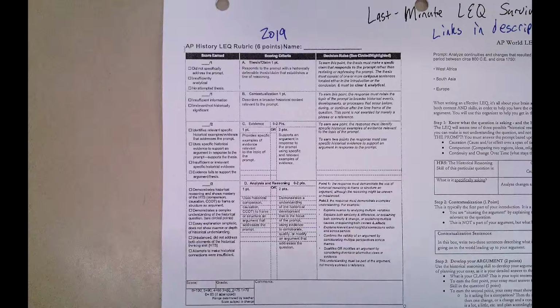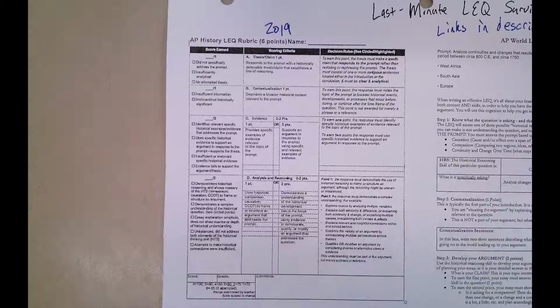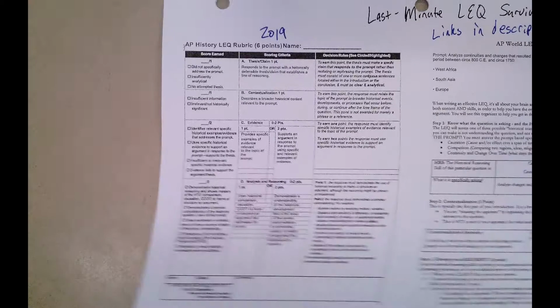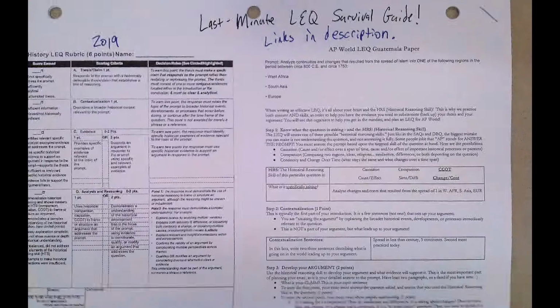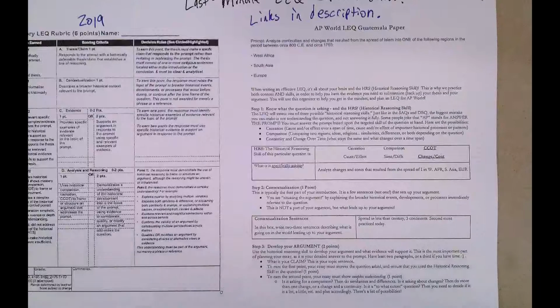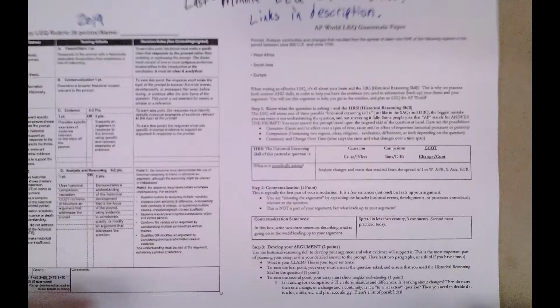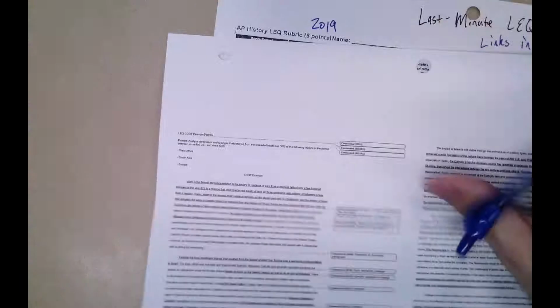I have a link to a clearer version of that. Then the Guatemala paper, which is basically a template for how you make sure you write a paper and what it looks like. And then finally, we have a spectacular actual LEQ written by yours truly.